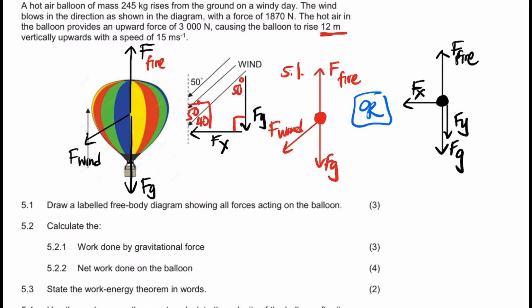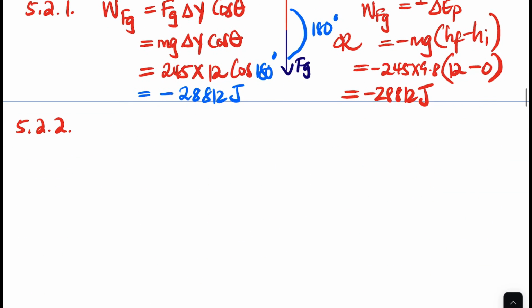As you can see, guys, more forces are going downwards, so that means the net force is going to be going downwards, but we're going to prove that. So I'm going to start with the net force. I'll say the net force is equal to the gravitational force, which is going downwards, so it's negative, and the Fy is going downwards, so it's negative, plus the F of what? Of fire.